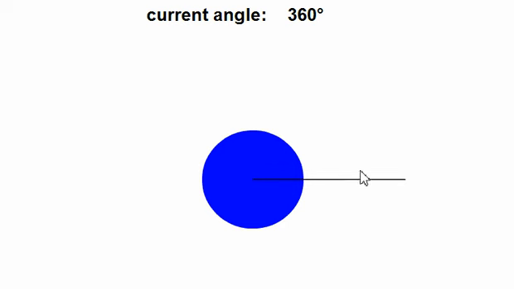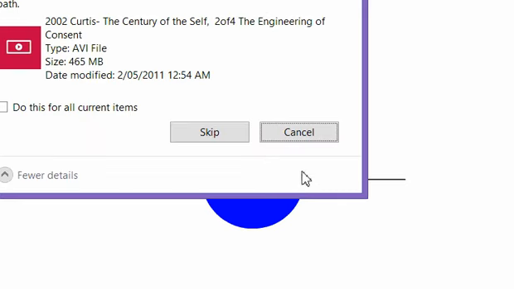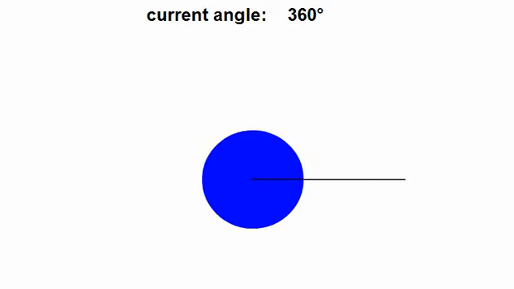This here straight is 0 degrees, but all this is 360. Again, this is 0 degrees, but all this is 360.